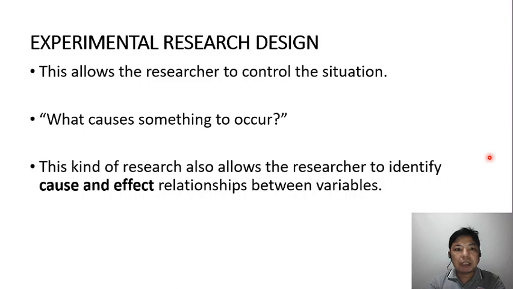In experimental research design, we try to answer what causes something to occur. This kind of research also allows the researcher to identify the cause and effect relationship between variables. To put it this way, what will happen if something occurs? So that's what we mean by experimental research design.